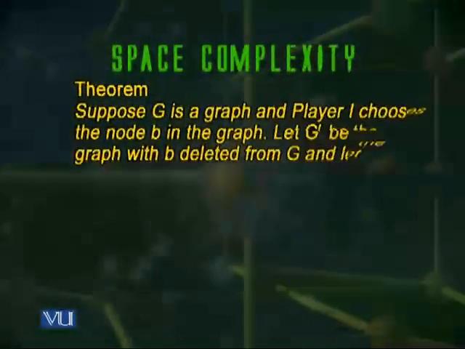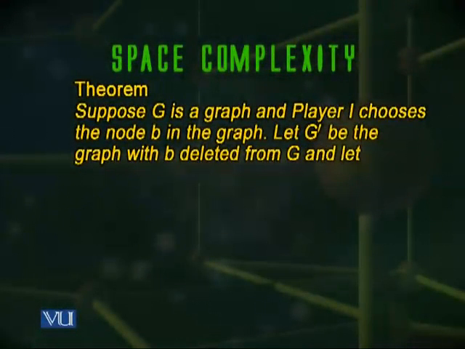We're looking at generalized geography being played on a graph, we're in the middle of the game, and player 1 has already chosen a vertex B. Now let G prime be the graph with B deleted from G. We obtain a new graph by deleting B from G, and we let B1 up to Bk be the neighbors of B. So this vertex B that player 1 has chosen has k neighbors, B1, B2, B3, all the way up to Bk.